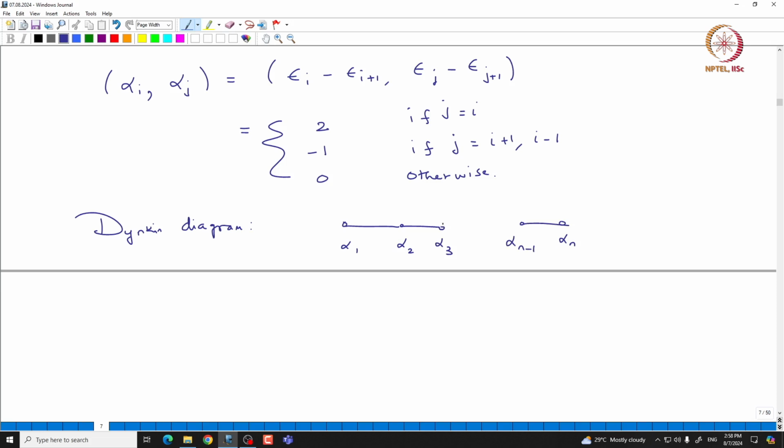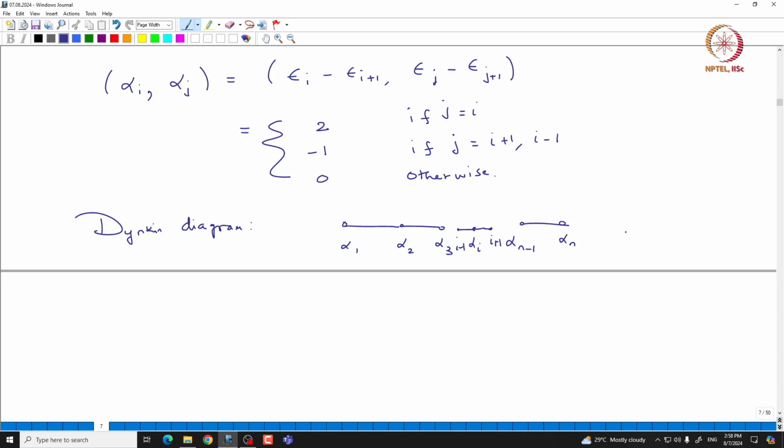So, if you take some ith vertex alpha i, only the neighboring vertices i minus 1 and i plus 1 get edges. All remaining edges will be 0.